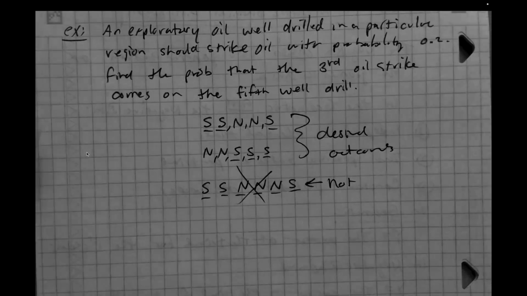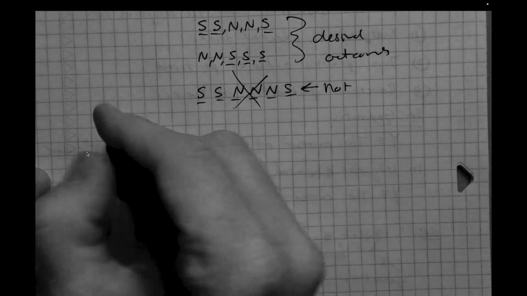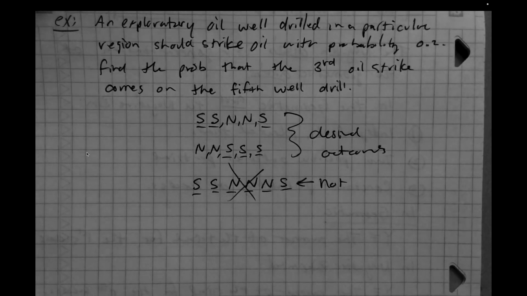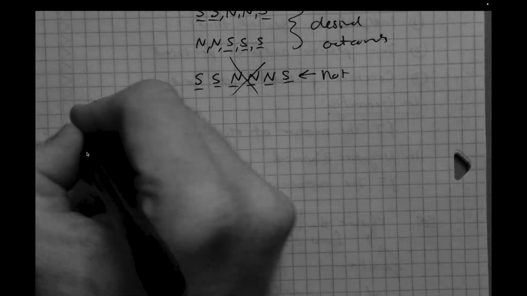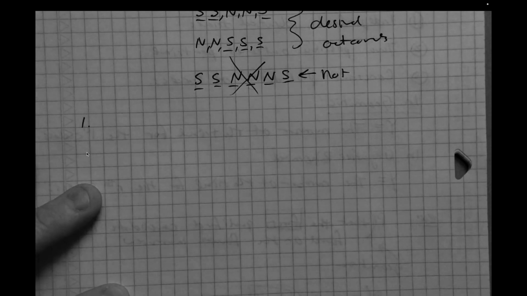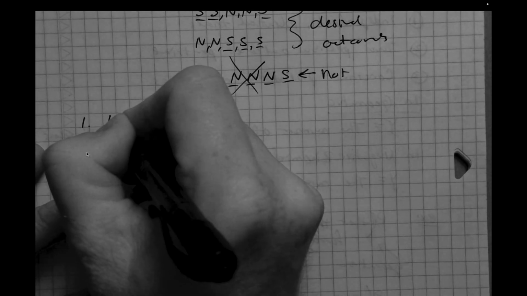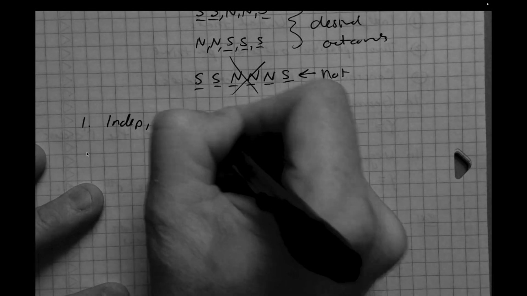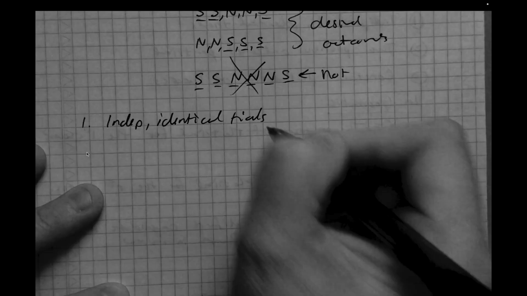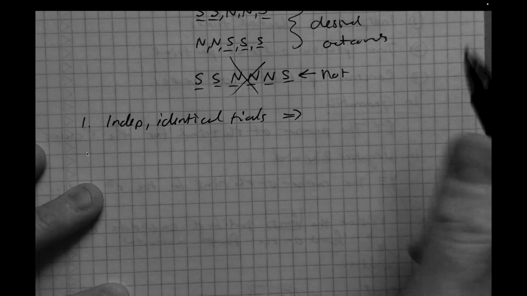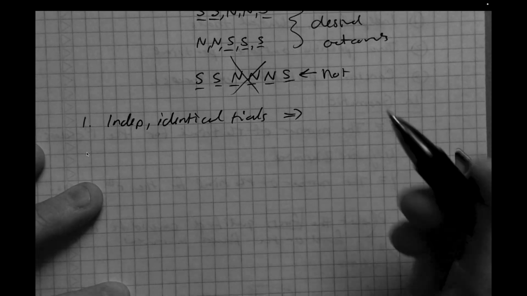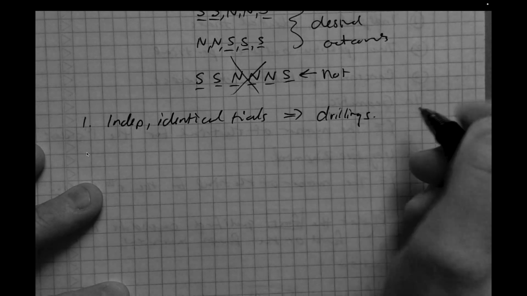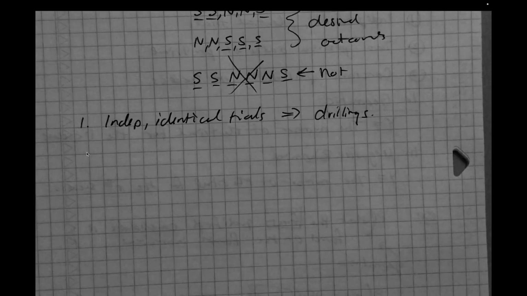Let's test this. Let's think about the structure of this probability setup. First of all, do we have independent trials? Yep, independent identical trials. In this case, these are the oil wells that are drilled, the drillings, and there's a series of them.